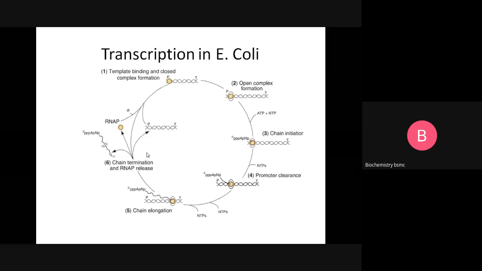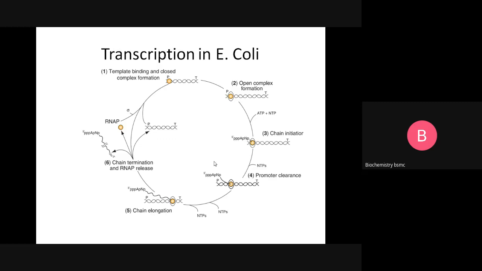One is the template binding and closed complex formation. So this is number 1, template binding of the RNA polymerase, and there is formation of a closed complex. We shall see what that is. Number 2 is the open complex formation. Number 3, chain initiation. Number 4, promoter clearance. Number 5, chain elongation. And number 6, chain termination.